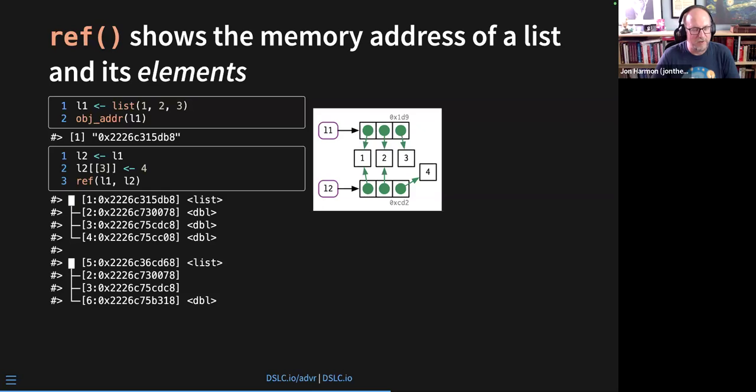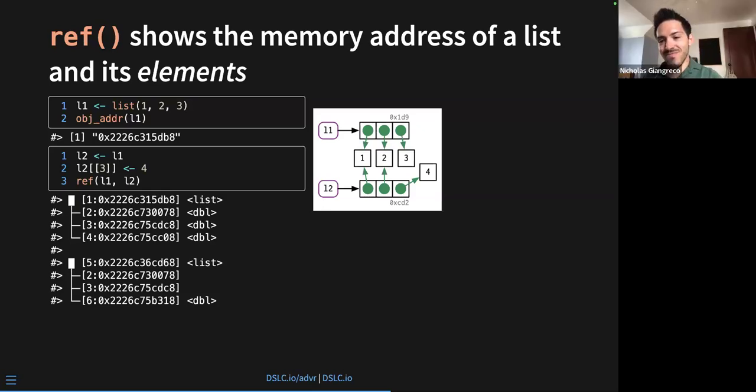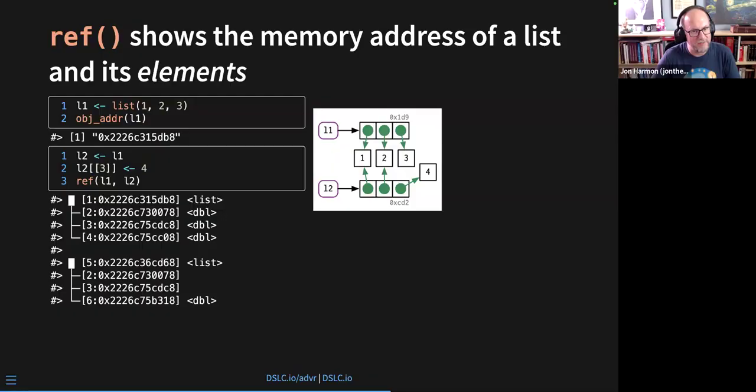So when you reassign it, you're assigning all those pointers, and if you edit one of them, it keeps all the other ones. It's not like if you change something in list 1, it changes it in list 2, until we get into environments and stuff. But it's interesting to know that you don't have to worry, because memory is already kind of optimized for you.